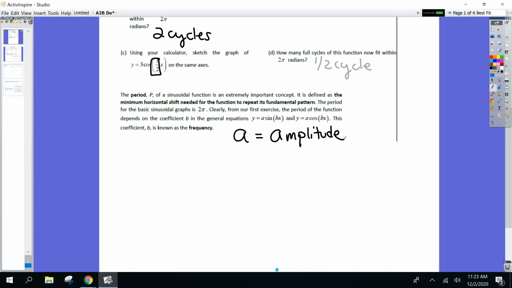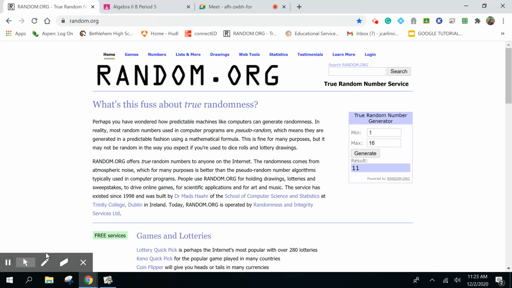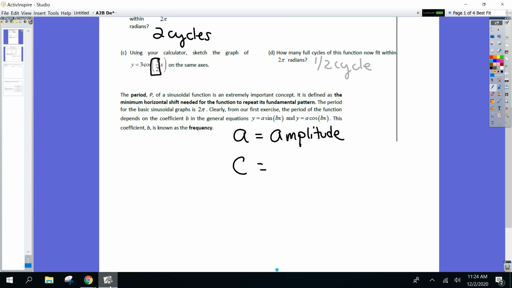Amplitude. I also gave you guys a C value, which is at the end, +5, -6, -2. What's the C value do for us? Sophia, what's the C value at the end do when I have +6 or -2? The vertical shift. Great job.